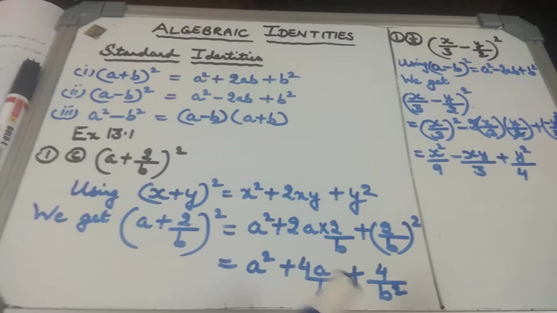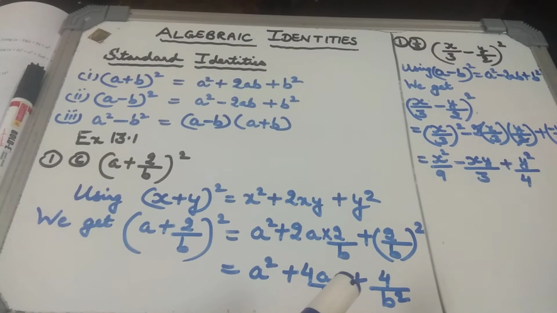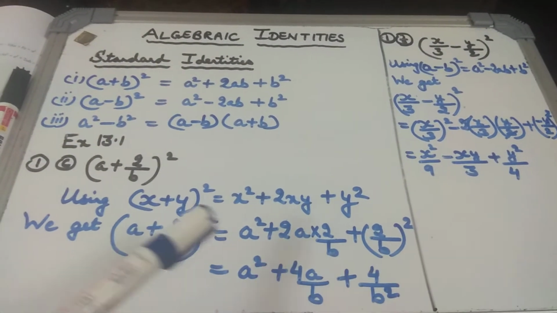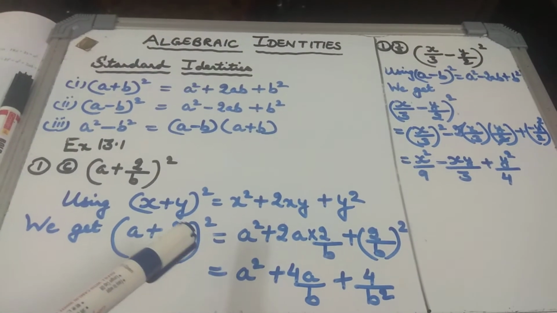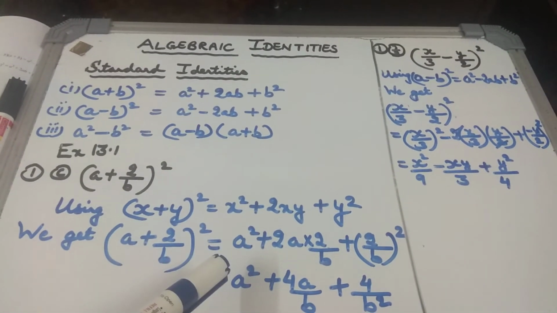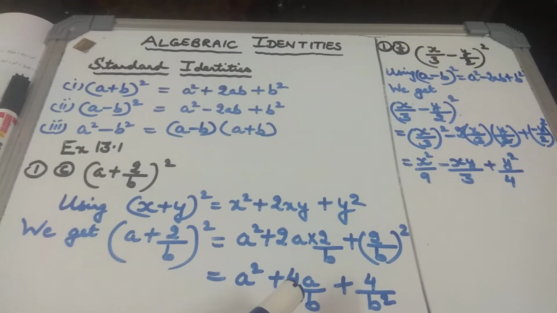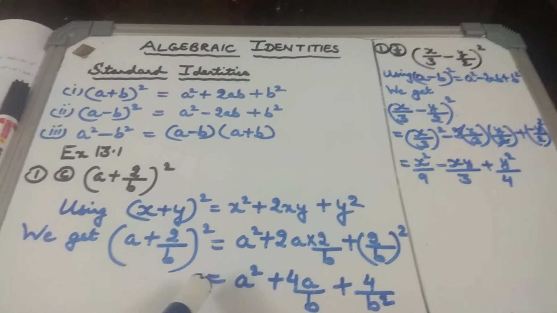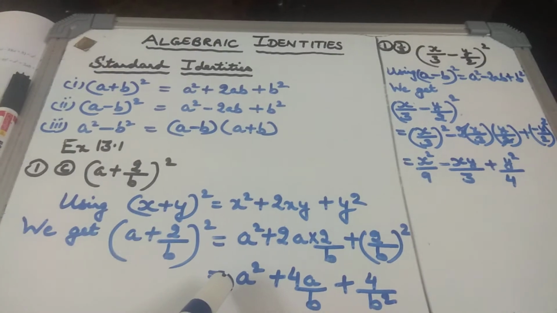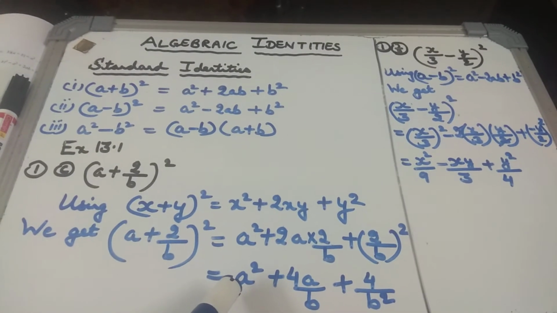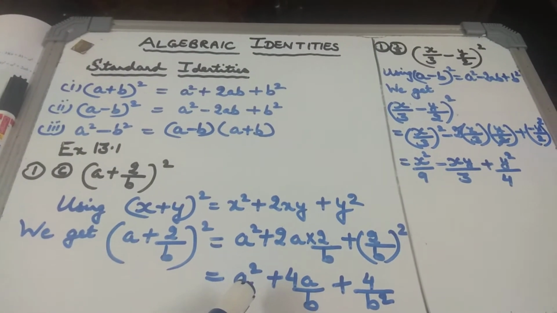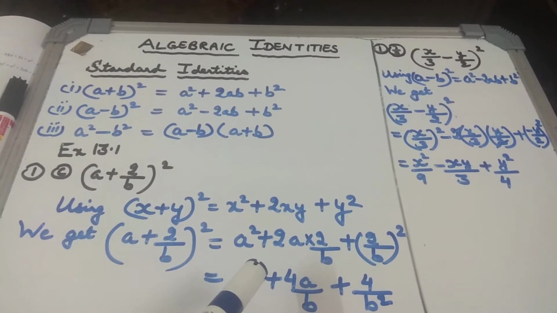Now simplify the expression. You have already learned the fundamental concepts of algebra in the previous chapter. Addition, subtraction, multiplication and division of algebraic expressions are already taught to you.